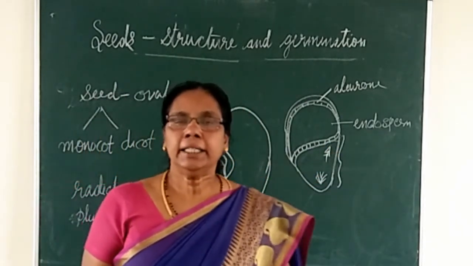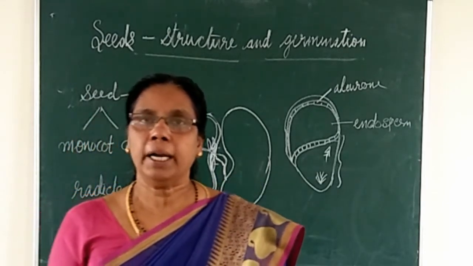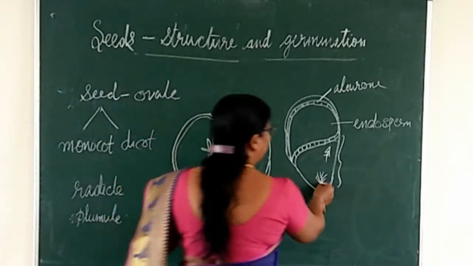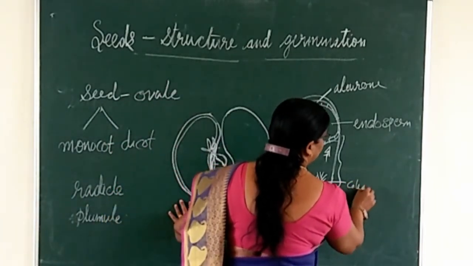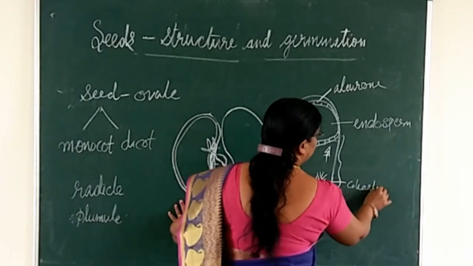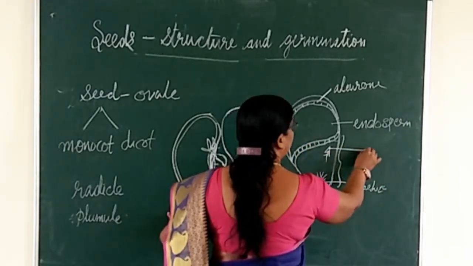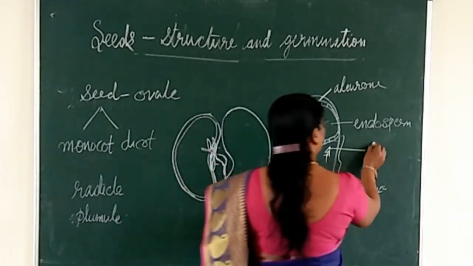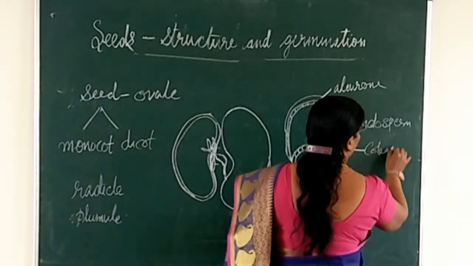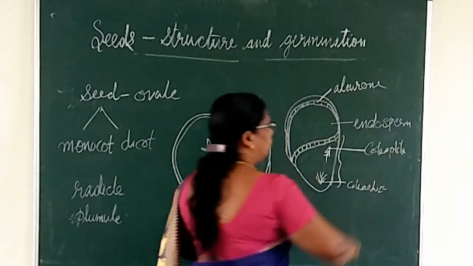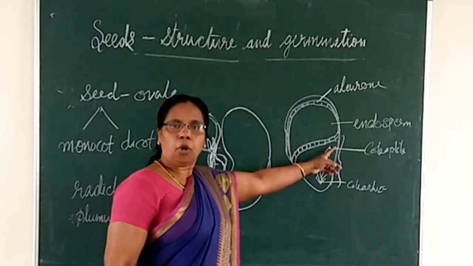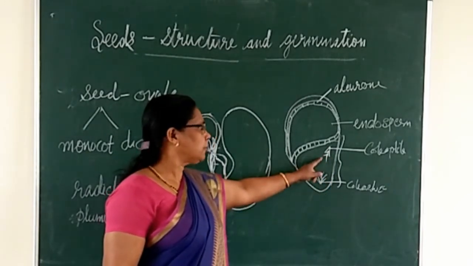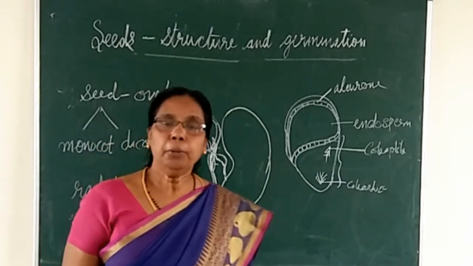And the radicle has a protective covering called coleorhiza, and so that is here the coleorhiza, and here the protective region of the plumule is called as coleoptile. So coleorhiza and coleoptile, these are the two protective regions of the radicle as well as plumule.